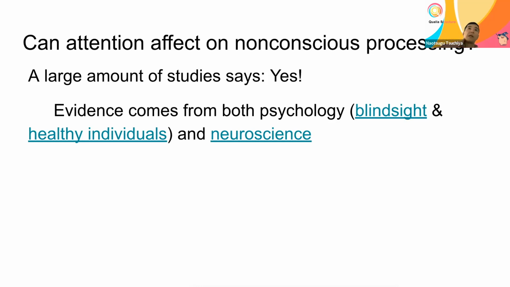So that seems to suggest that activity in the visual cortex depends on the availability of attention. That is also consistent with the idea that attentional processes can operate on processing that is either conscious or non-conscious. So far, any questions? Is this all clear?